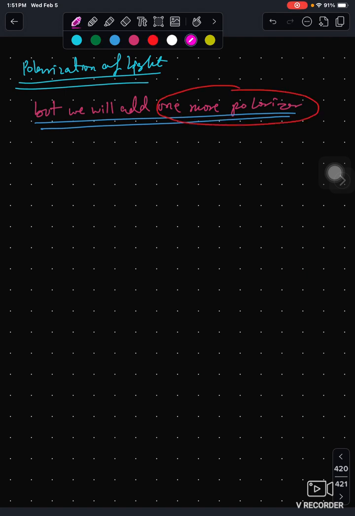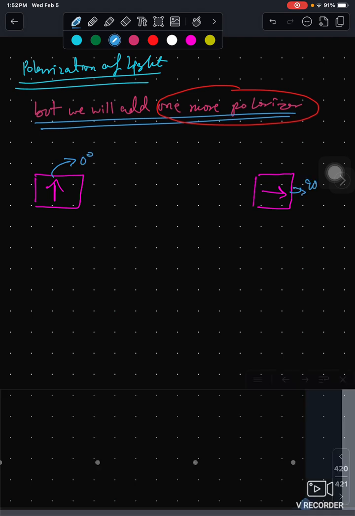Let me set up the experiment again. We have a vertical orientation and a horizontal orientation. They are at a 90 degree angle, right? Actually, this is 0 degree and this is 90 degree.